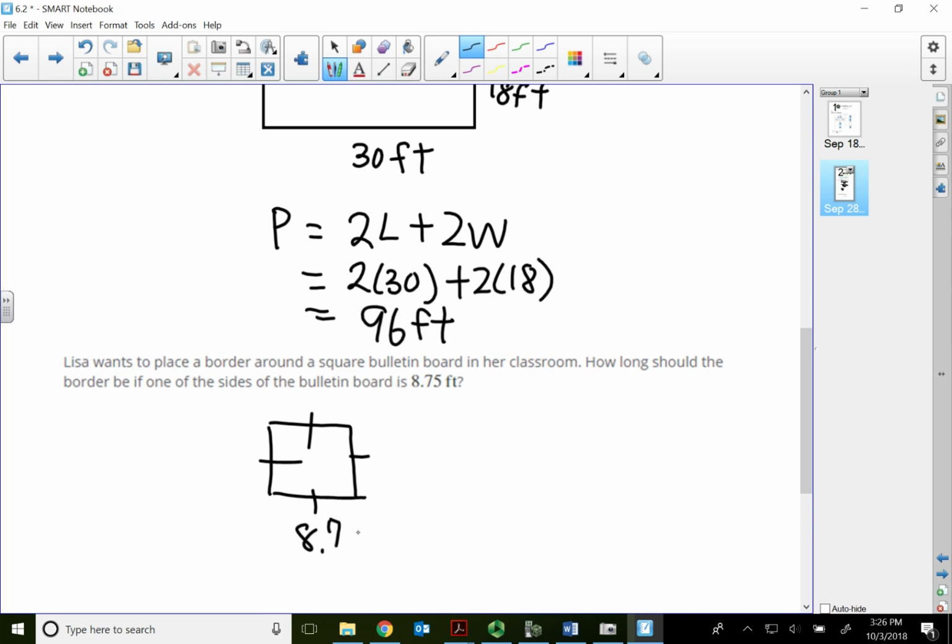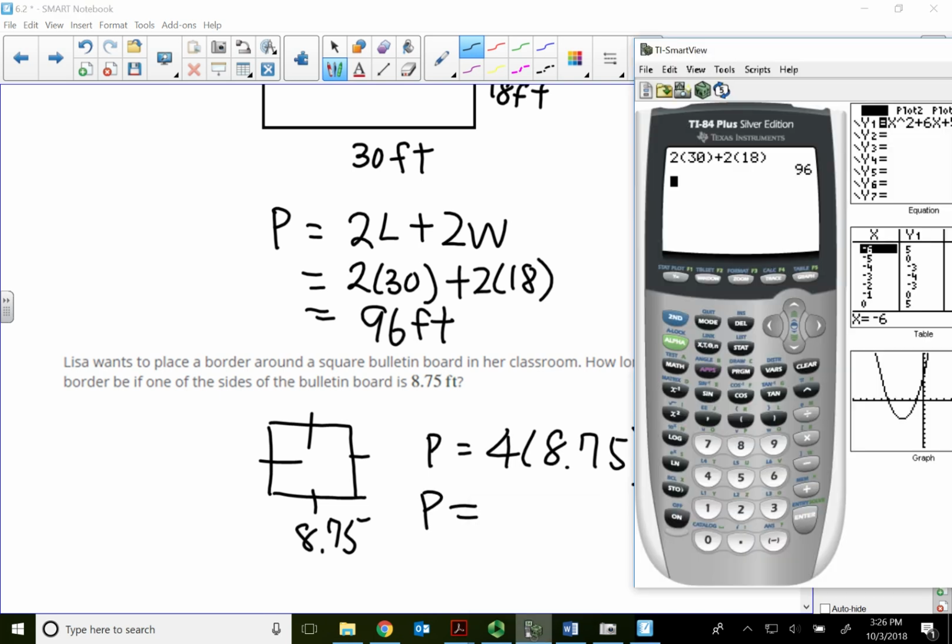Basically, I'm going to put a border around my square bulletin board, so that's perimeter. Cover all four sides. My perimeter has to be 4 times 8.75. Let's see what this is in the calculator. 4 times 8.75 gives me 35 feet.